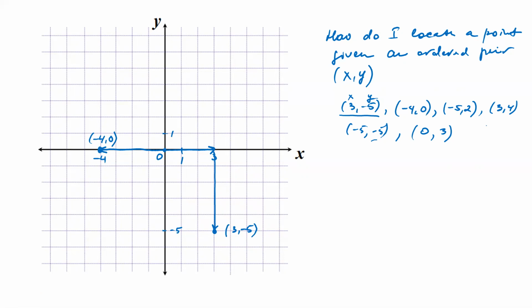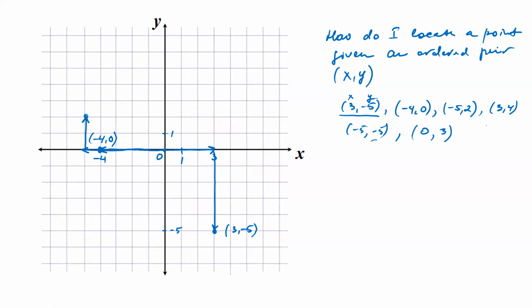Okay, so next is (-5, 2). Again, started at the origin. I'm going to move 5 units to the left. And from here, I'm going to move 2 units up according to my y coordinate.